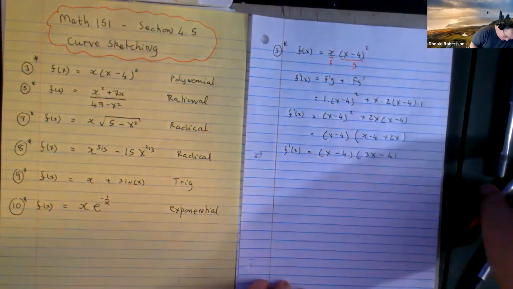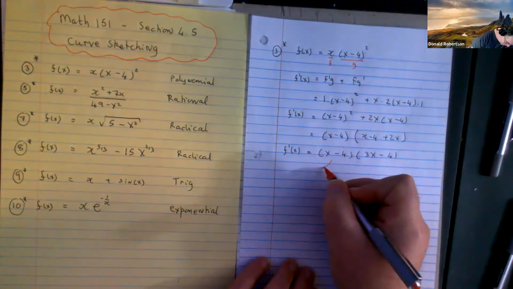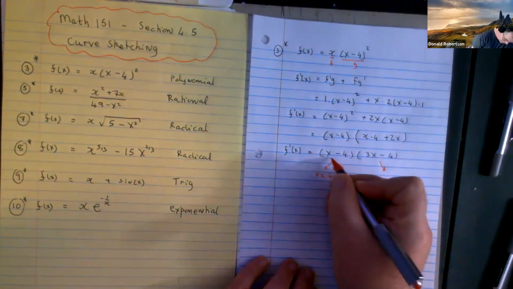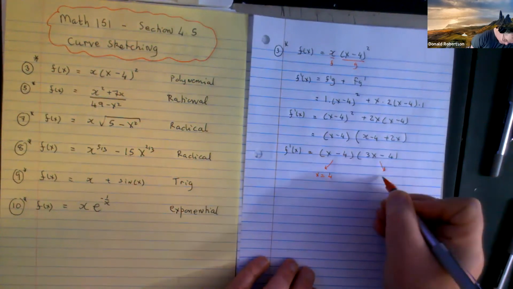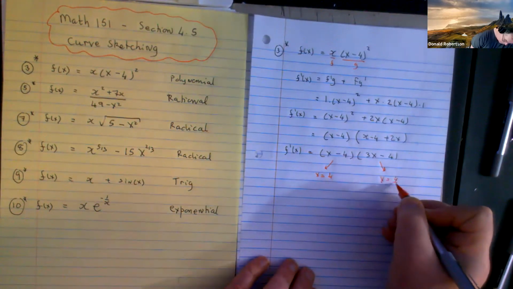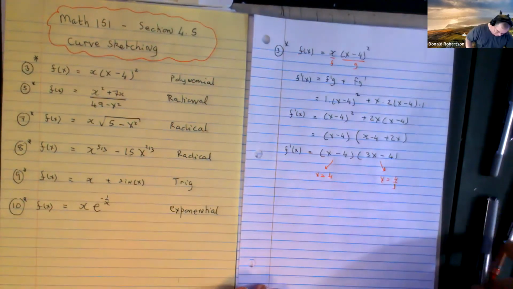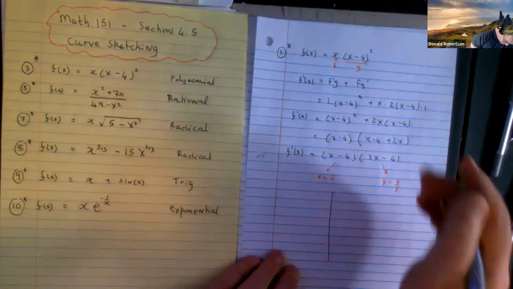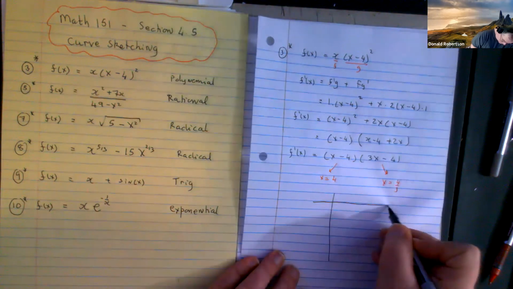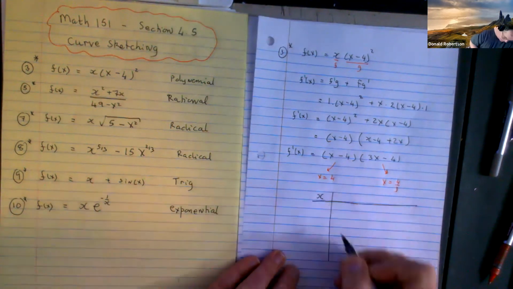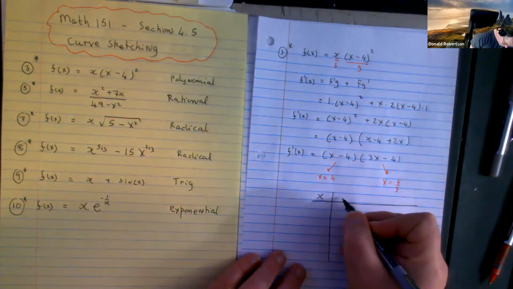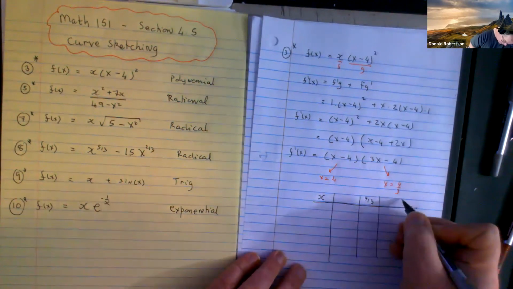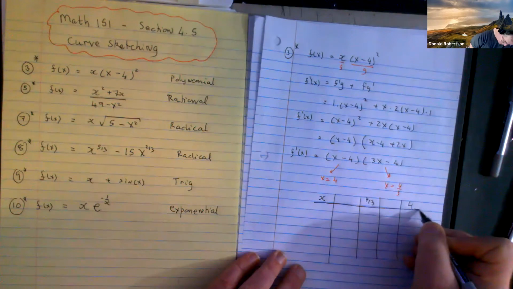So first derivative done. There are going to be critical numbers at 4. That's what makes this 0, and you make this 0 when x is 4/3. So I'm going to do x here, I'm going to do a 4/3, 4.